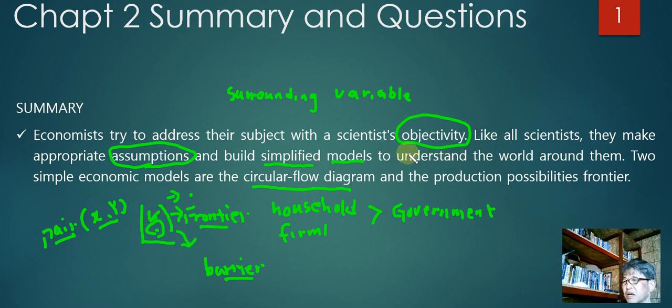Two simple economic models, very basic, are the circular flow diagram we have already learned, and the production possibility frontier. So this is the first basic theory we have studied.